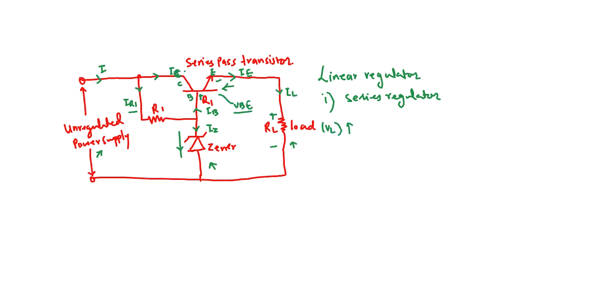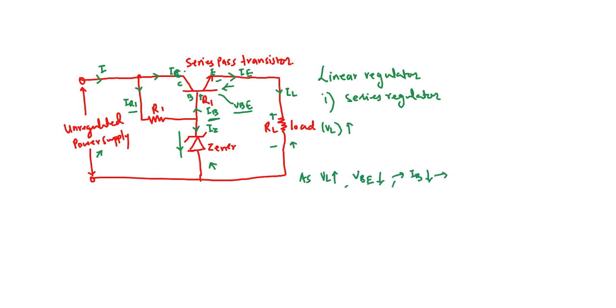So as VL goes up, VBE goes down. VBE is the control voltage of the transistor, so IB is made less. IB decreases.